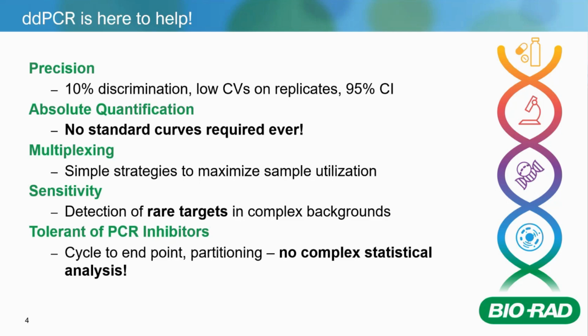That concentration is determined without the need of a standard curve. Whereas in real-time PCR, it's a relative quantification method. You have to compare an unknown to a known, and in so doing, you can get an idea of where you are in terms of quantification. Whereas in digital PCR, it's a counting method, and it gives you copies per microliter.